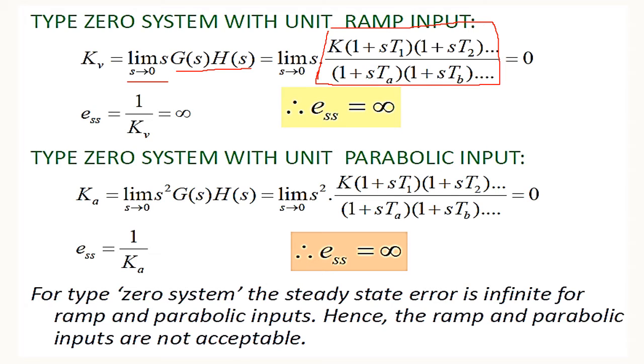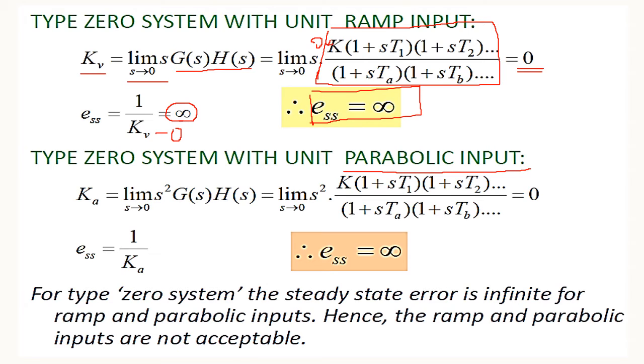Since s tends to 0, 0 multiplied by the whole term gives 0. In steady state error, we know the formula for ramp is 1 by Kv. So Kv is 0, and 1 by 0 is infinity. So ESS is infinity.